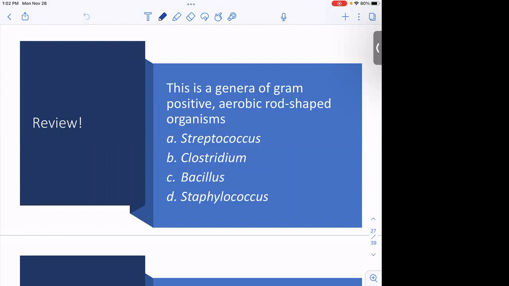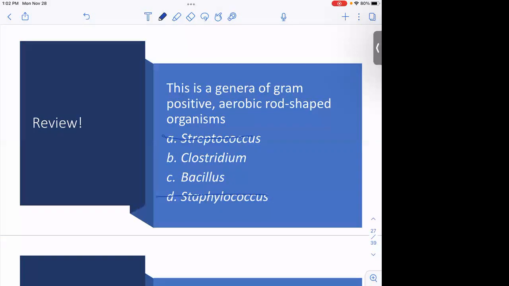Okay, this is just a simple, straightforward morphology type question. So genera of gram-positive, aerobic, rod-shaped organisms. We haven't done a whole lot of organisms here for me to confuse you with a bunch of extra stuff, but the staph and the strep are cocci, right?